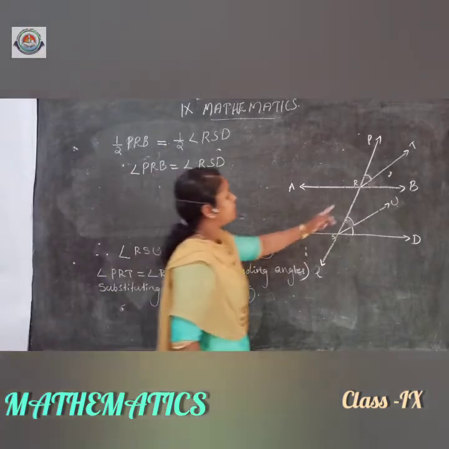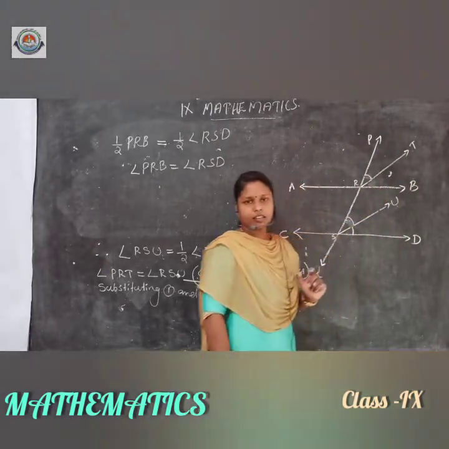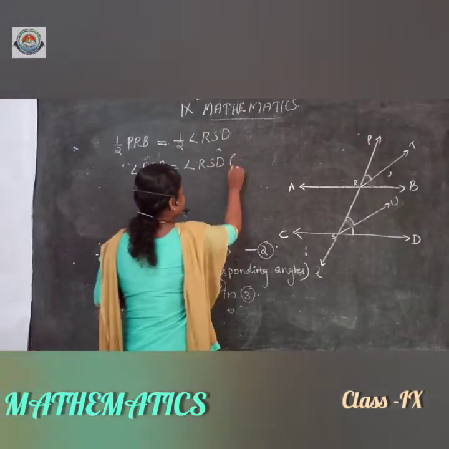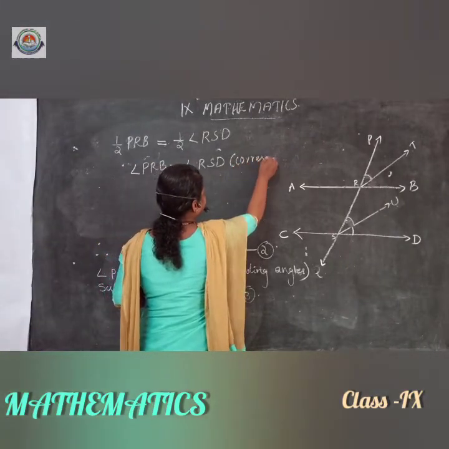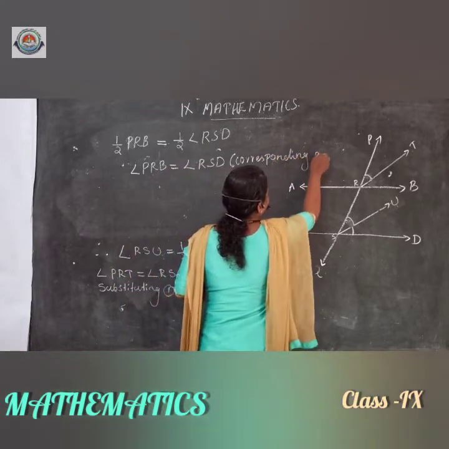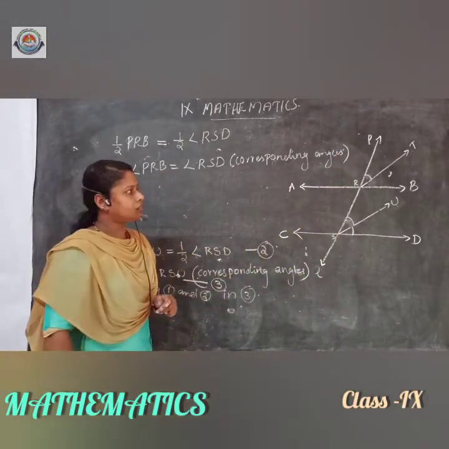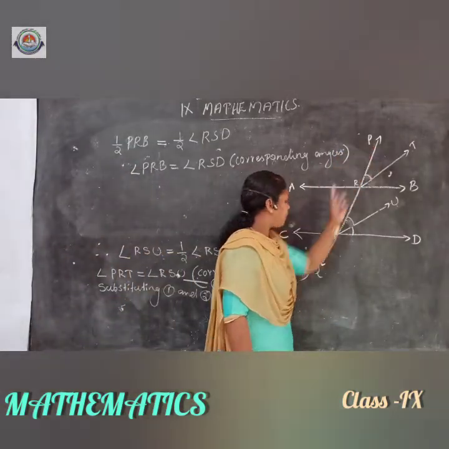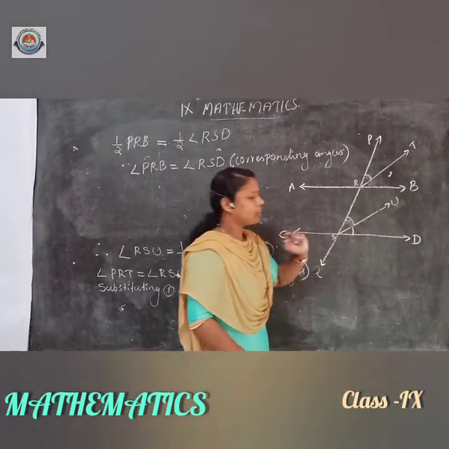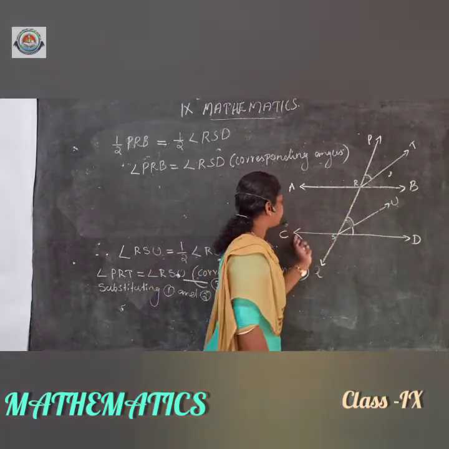Okay, and this PRB and RSD, they are the corresponding angles. Corresponding angles means PQ is the transversal and AB and CD, this PQ is intersecting lines AB and CD.